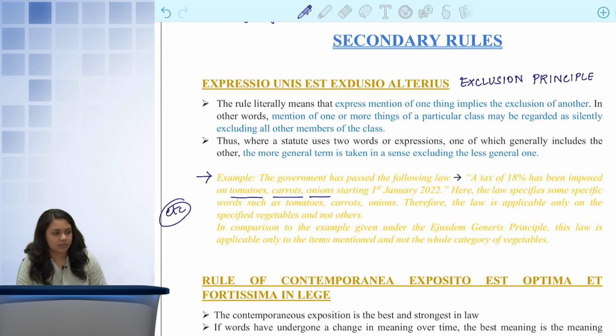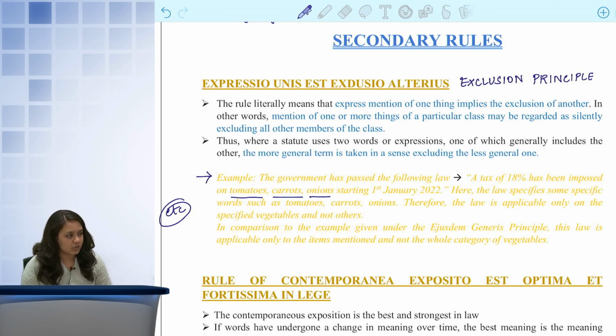is missing. The word etc. is not there. So if the word etc. is not there, then that means a tax of 18% has been imposed only on tomatoes, carrots and onions. Cucumber will not get 18% tax.